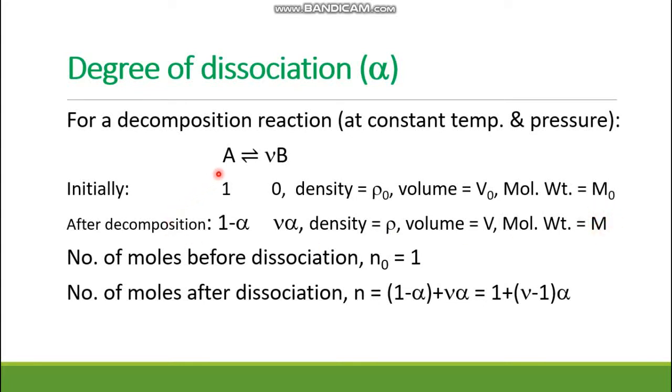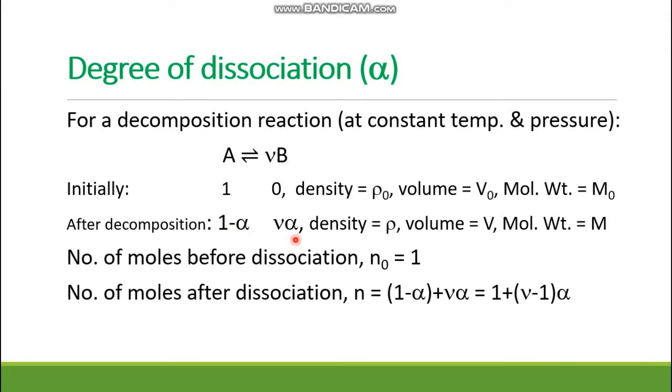Suppose you are taking 10 molecules of O3. O3 decomposes into 3 by 2 O2, so the value of nu is 1.5. Suppose 2 molecules of O3 have decomposed to produce 3 molecules of O2. Initially the molecular weight is 48, the molecular weight of O3: 48 into 10 divided by 10, so it is 48. After decomposition of 2 molecules of O3, 3 molecules of O2 are produced.